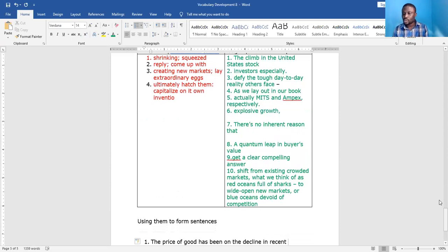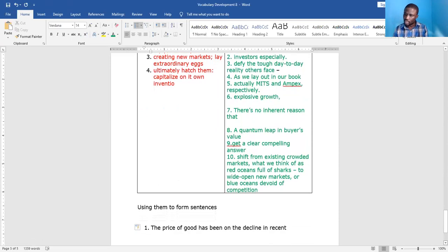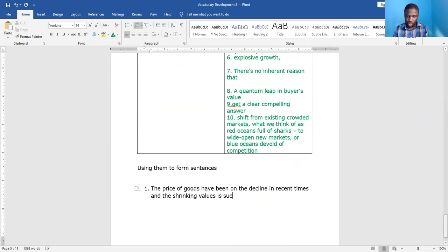You can see I introduced a word that was not part of here. I just want to make maybe something like a complex statement. I'm just thinking. The price of goods has been on the decline in recent times, and the shrinking values is due to squeezed demand.